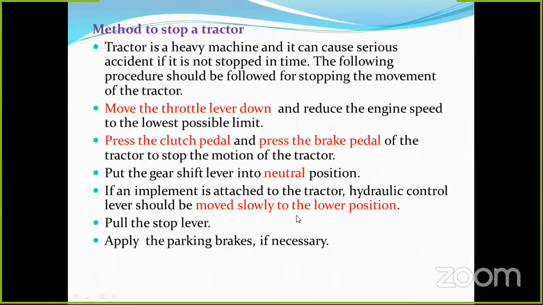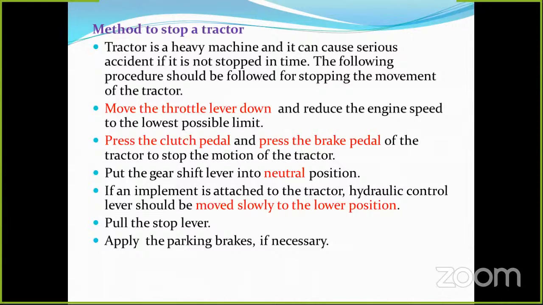So, the stopping procedure. The throttle lever should be down. Already I told you, while starting, the throttle lever should be in 3/4 position. But while stopping the engine, the throttle lever should be in down position. Okay, next, we should press the clutch pedal and brake pedal also.